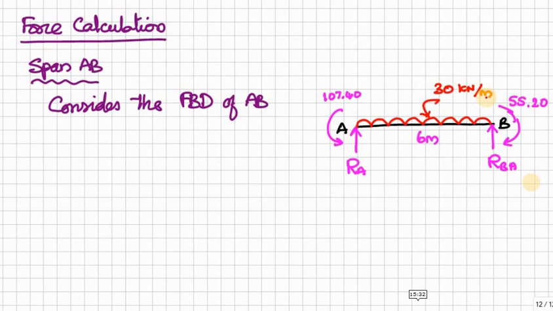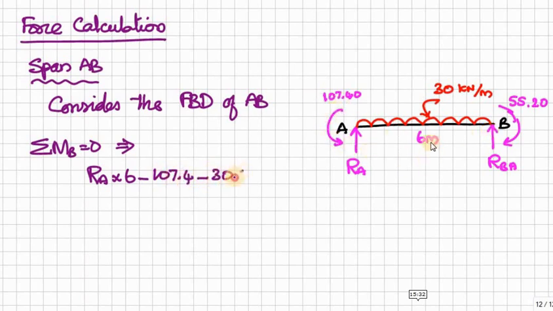Okay. So considering sigma MB is equal to 0 gives RA into 6 meter, minus 107.4 minus 30 into 6 into 6 by 2, plus 55.20 is equal to 0. So from this we get RA is equal to 98.7 kilonewton.